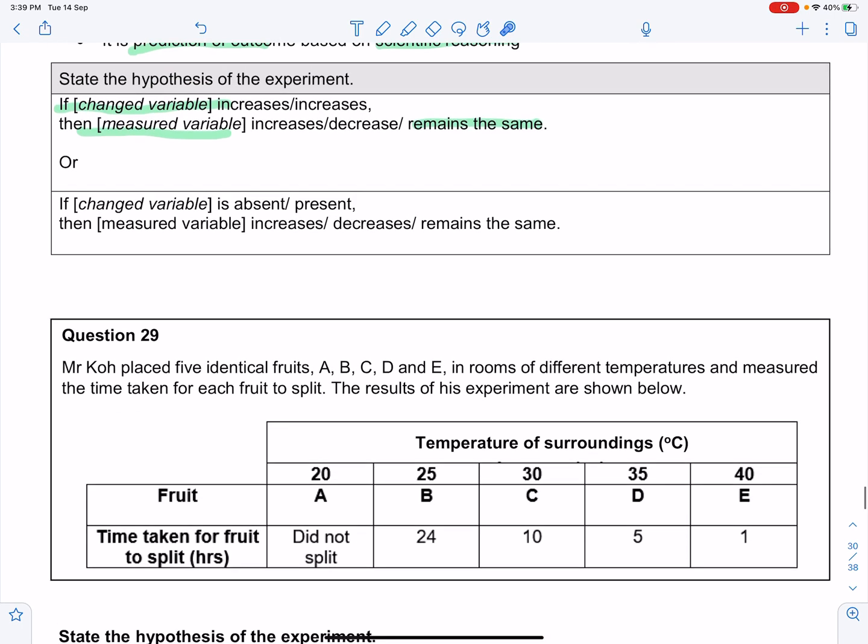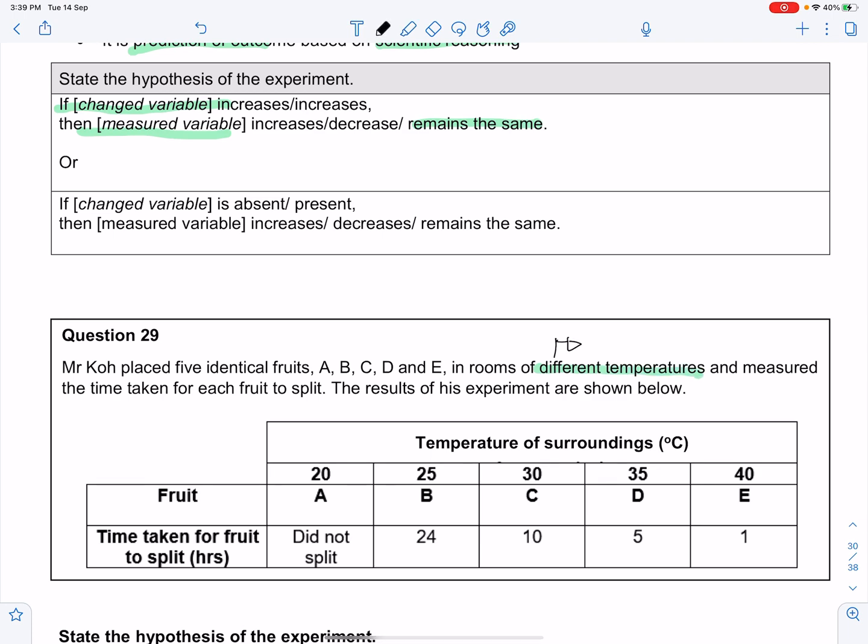Okay, so let's take a look. Mr. Ko placed 5 identical fruits A, B, C, D, and E in rooms of different temperatures and measured the time taken for each fruit to split. The results of his experiments are shown. So in this case, he gives you data. Okay, so based on this, you should be able to predict. But this is not for sure, not certain. Okay, but you can predict. So remember, identify what is the change variable.